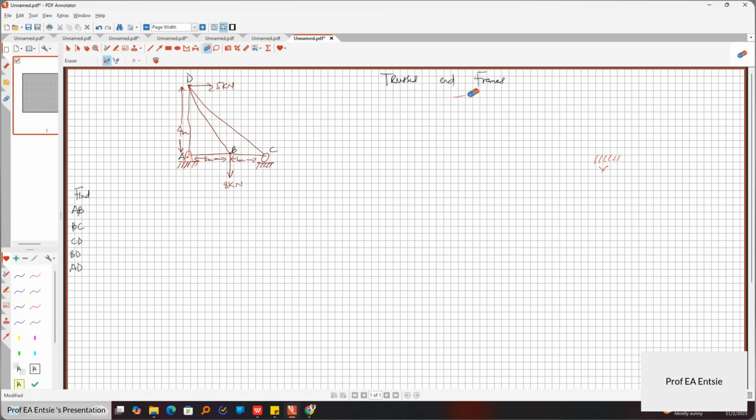Let's start with this problem. In this problem, we are going to use the method of joints. We have two methods of solving trusses. The method of joints is a little bit simpler, but you work a lot. The method of sections is a little bit simple and complex altogether, but it will be fast.